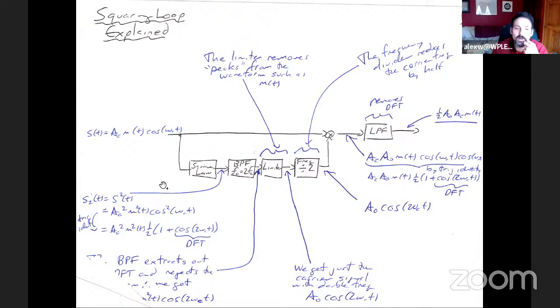What we want at the end of the day is, if we choose a bandpass filter with cutoff frequency 2 times fc, what does that look like? So let's go to our notes again. So here we go.